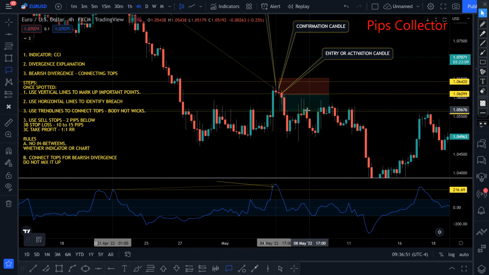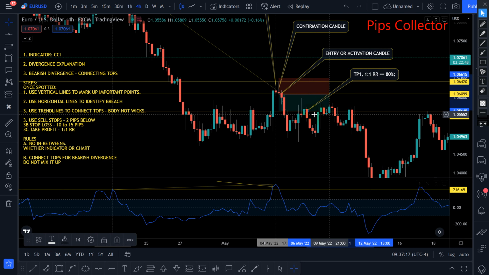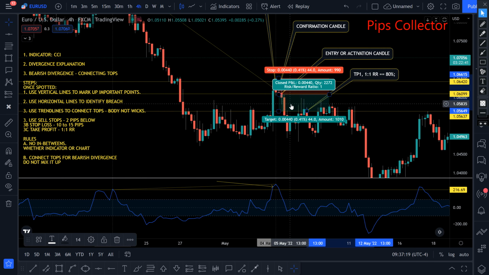At this 1R, TP1, which is 1:1 risk to reward, you close 80% of your open position. Okay? You close 80% here.